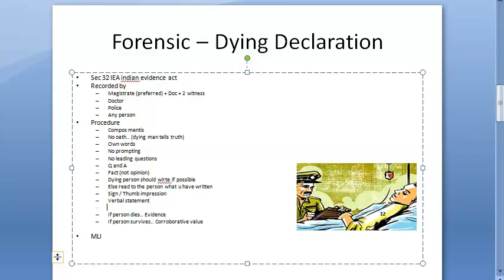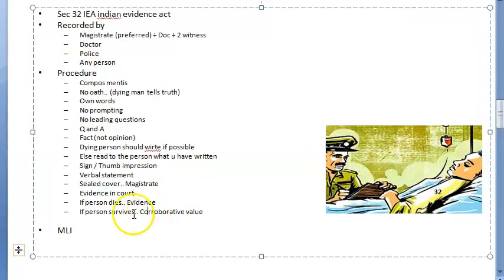Guys, remember you have to take it and send it in a sealed cover to the magistrate. Then you will be called to go to court and prove that you have taken this declaration. If the person dies, it is evidence in the court of law in both civil and criminal cases, and if the person survives, it has corroborative value.